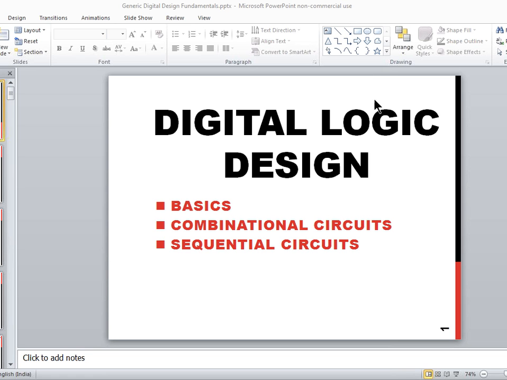Okay, can you see the screen now? So now I can see it. Okay. Yeah, okay. So finally that worked.